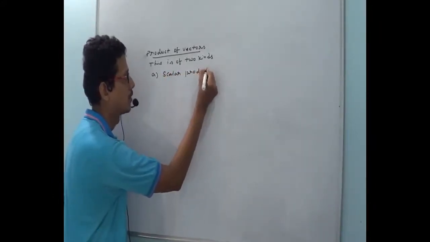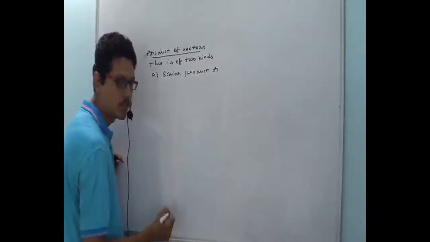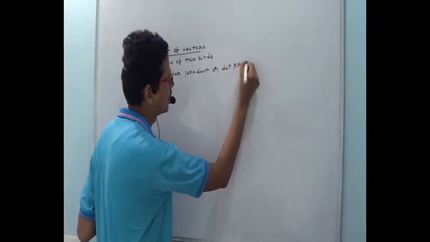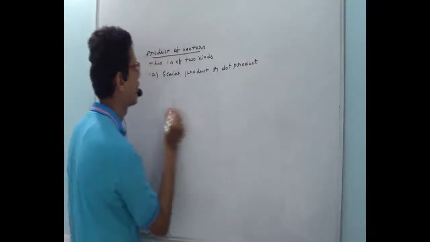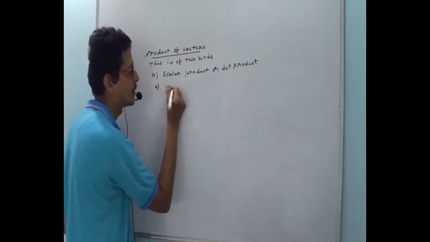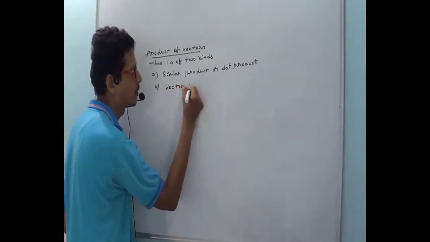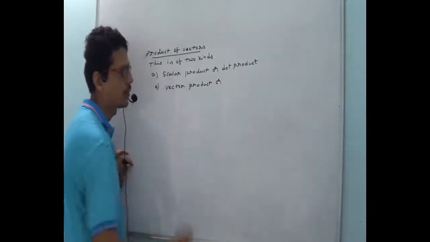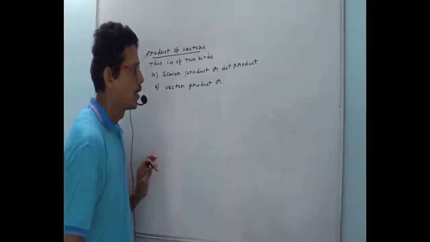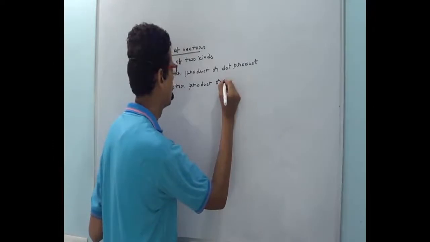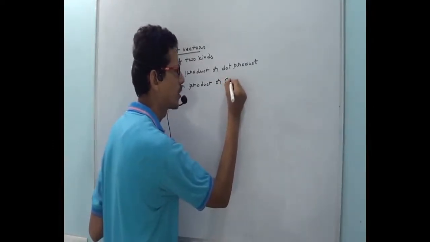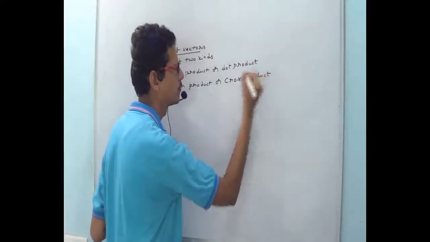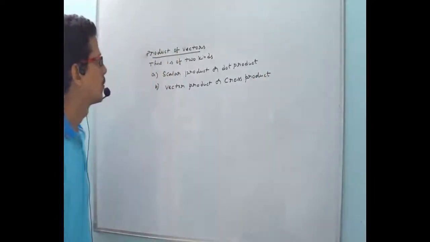Scalar product, its other name is dot product. Second one is vector product. Tomorrow we will learn about this vector product, vector product or cross product. So note down these 2.